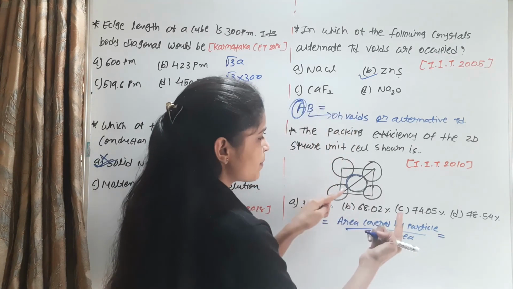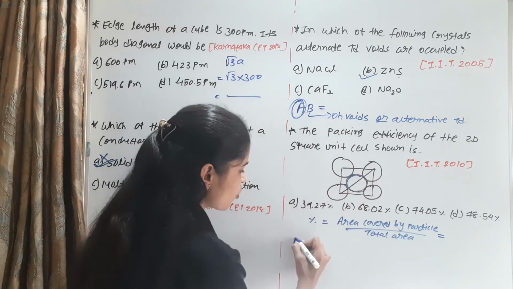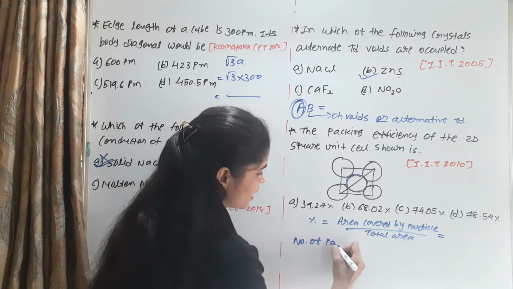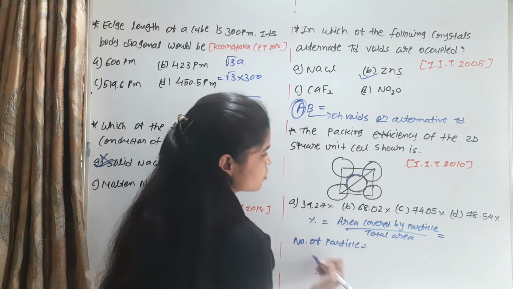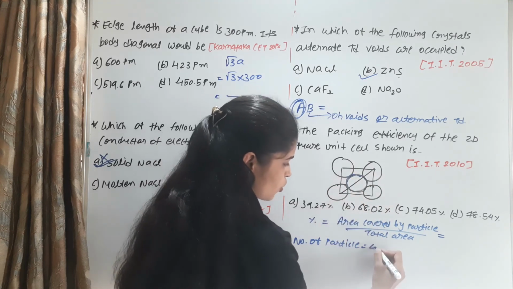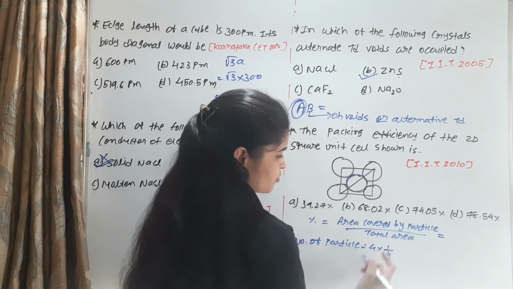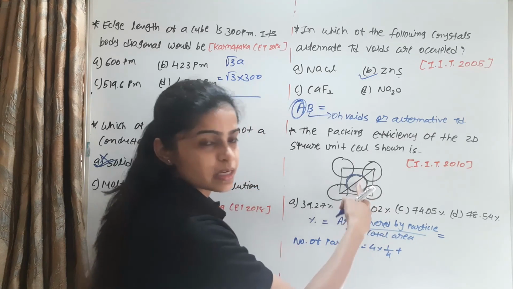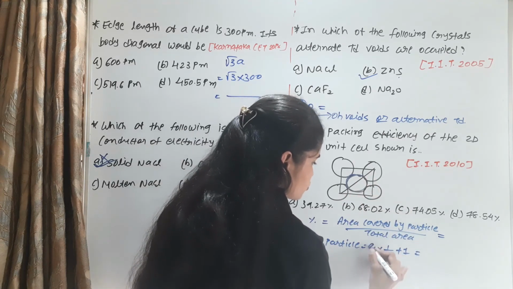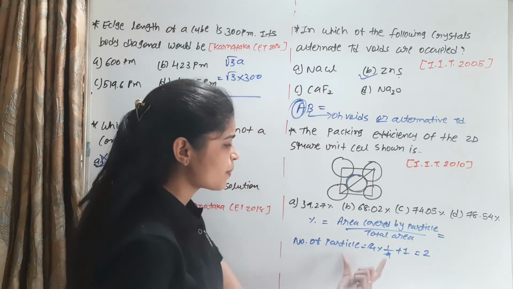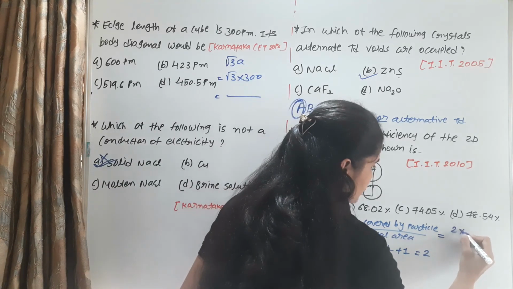So first find the number of particles. For corner atoms, the contribution is 1/4 each, which gives 1, and 1 body center atom. So it gives 2. The number of particles is equal to 2.